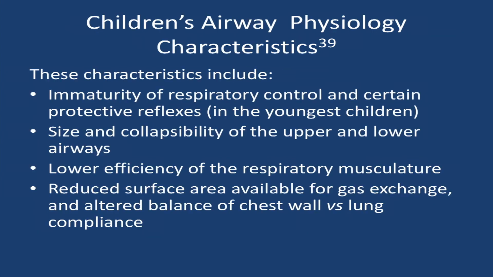The children's airway physiologic characteristics include immaturity of the respiratory control and certain protective reflexes in the youngest of children, the size and collapsibility of the upper and lower airways, the lower efficiency of the respiratory musculature, and the reduced surface area available for gas exchange and altered balance of chest wall versus lung compliance.